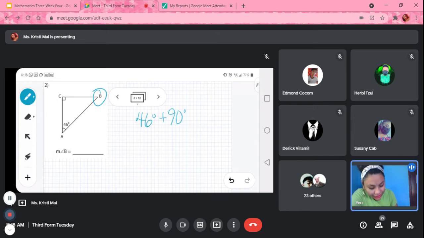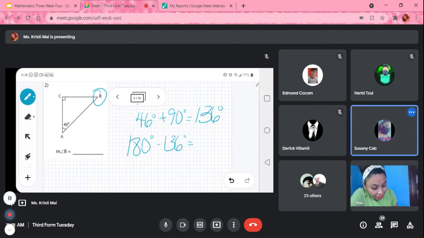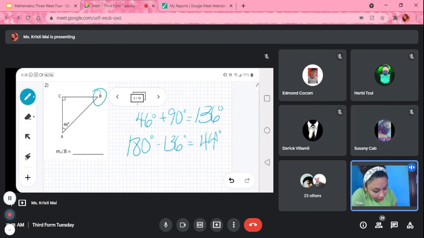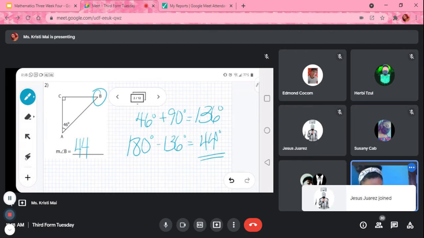What does that give you? 136. Excellent. And now I want to find the missing angle, so I'm going to subtract that 136 from 180, and that gives you how much? 44. Very good. And my answer is going to be 44 degrees.